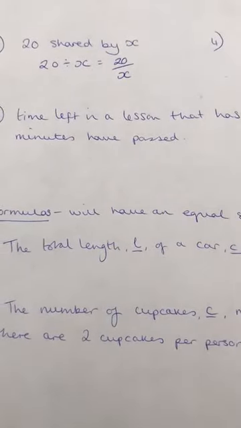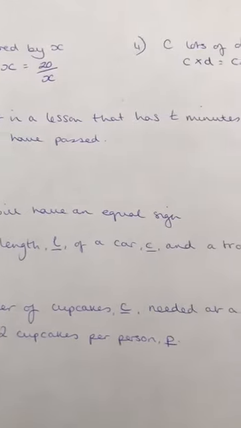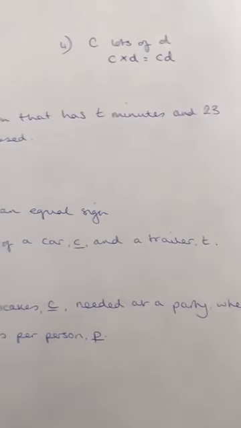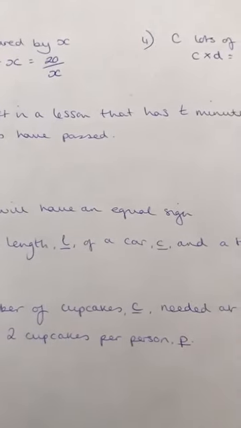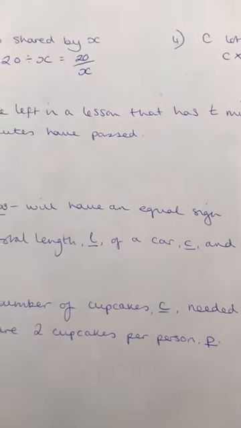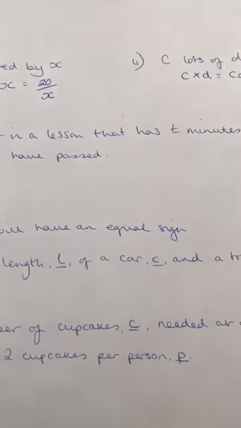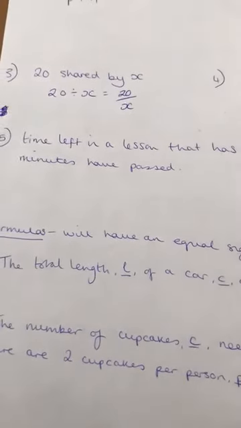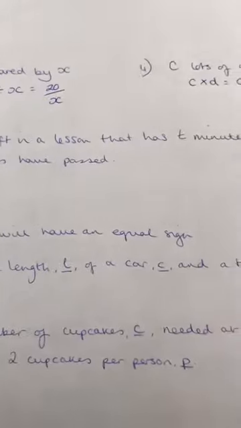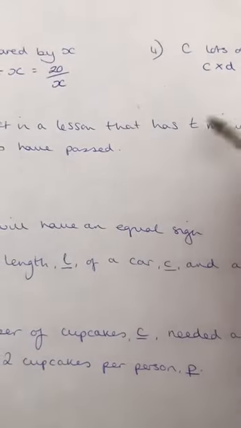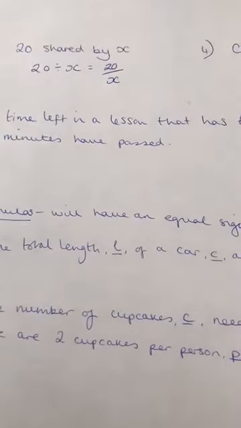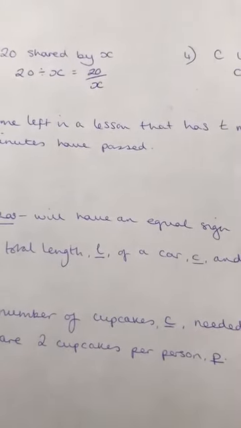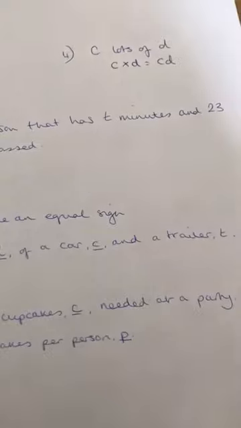Write an expression for the time left in a lesson that has T minutes and 23 minutes have already passed. So again, if I said to you, how many minutes are left in a lesson that has, and if I replace this with 60 minutes and 23 minutes have passed, you would say, well, 60 minutes, take away 23.